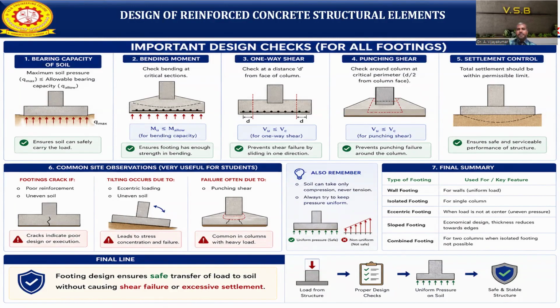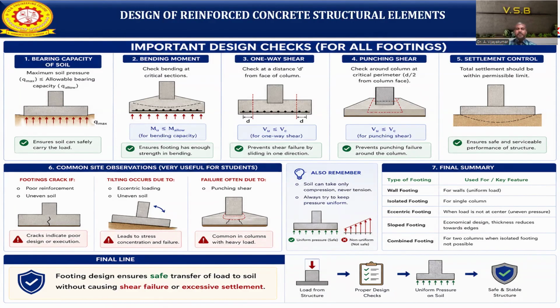For the bending moment, we check the bending moment at the critical section. So Mu should be less than or equal to the allowable bending capacity, ensuring the footing has enough strength for bending action.